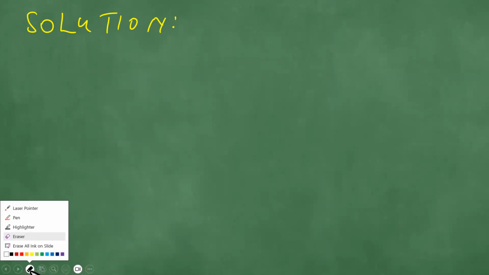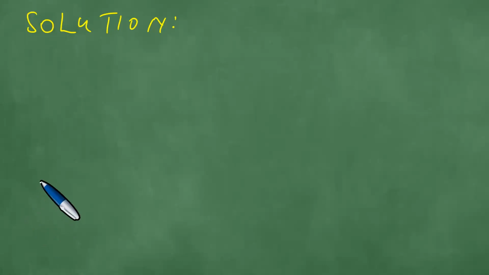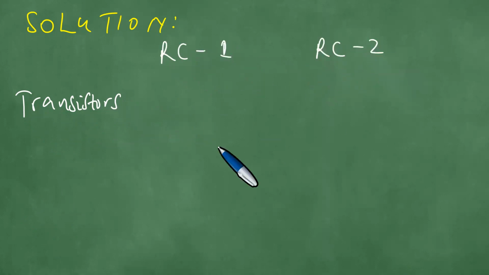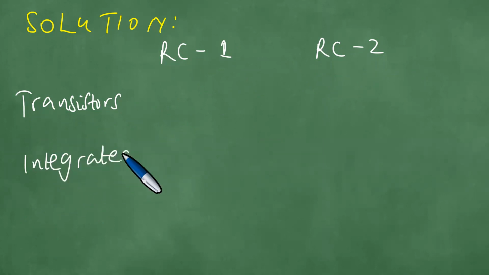Obviously you have the RC1 and 2, but most importantly, you have components we call transistors. And you have RC1, RC2. Right, and then you also have the integrated circuits, like so.